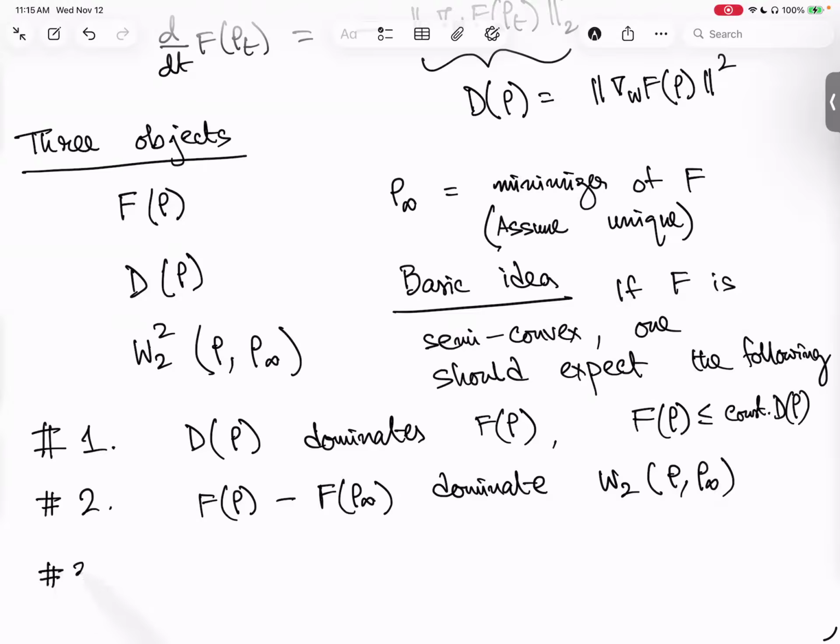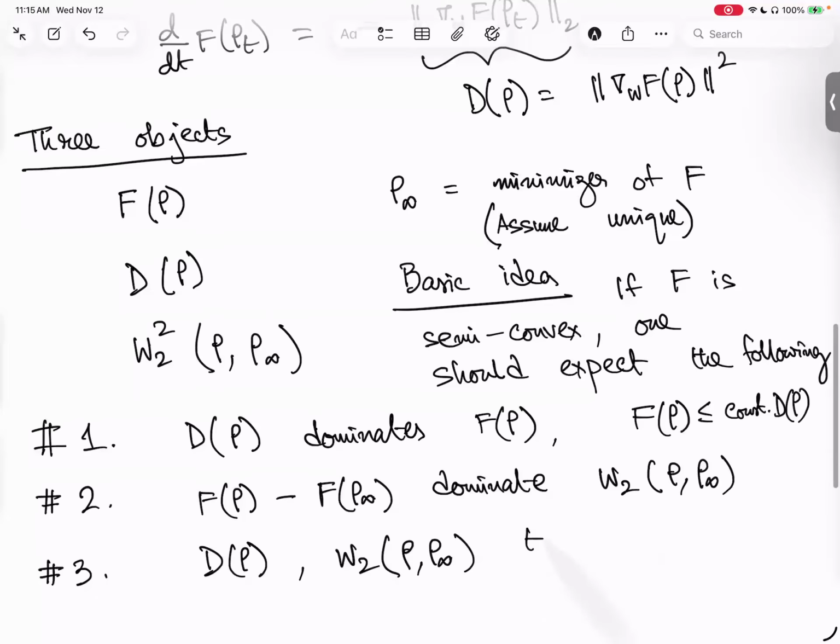And three is that D of rho and W2 rho to rho infinity together should dominate F of rho minus F of rho infinity.